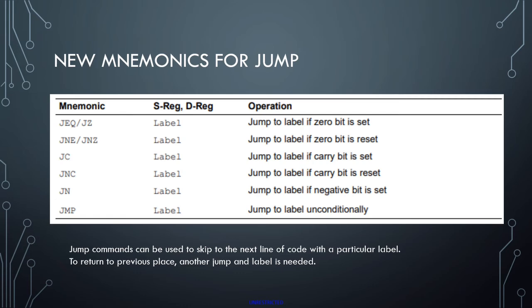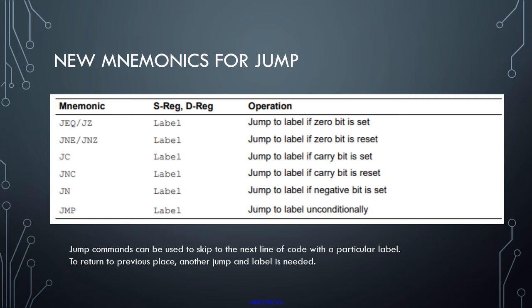We have the 0 register that flags if the sum, or the answer to some numbers, is 0. If the result is 0, that 0 register flag is set with a 1, or it can be reset to a 0 the next time around. So based on if it's a 1 or a 0, we can use these two jump commands.